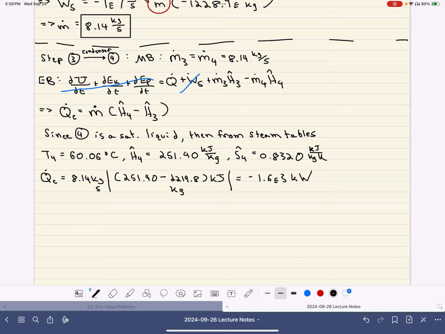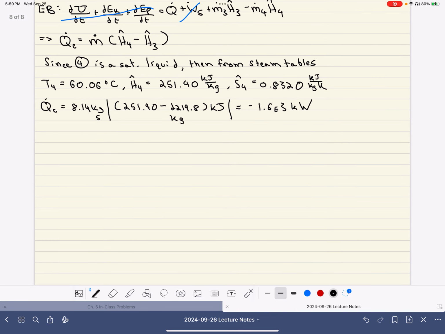Okay, so we have our value for QC, and we were able to get that through the energy balance. But equivalently, we could also get QC by doing the entropy balance. So to show you how that works, we just write our open system entropy balance.